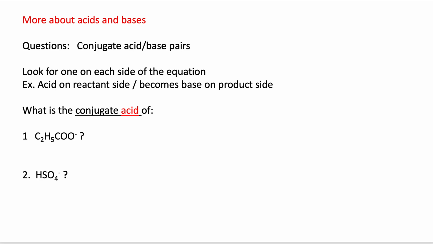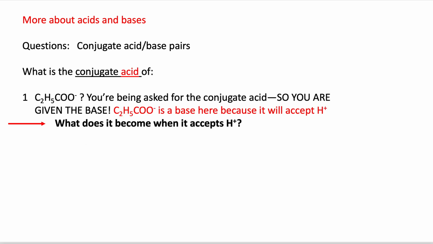So let's look at some questions. We've got 1 and 2, asking for both of them, what would be the conjugate acid of both of those species? We'll look at number 1 first. So you're being asked for a conjugate acid, and so you're being told really that C2H5COO- is the base, the conjugate base.